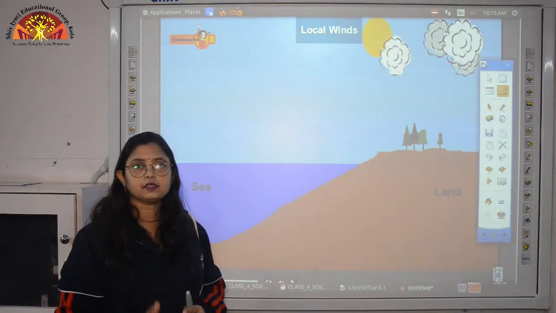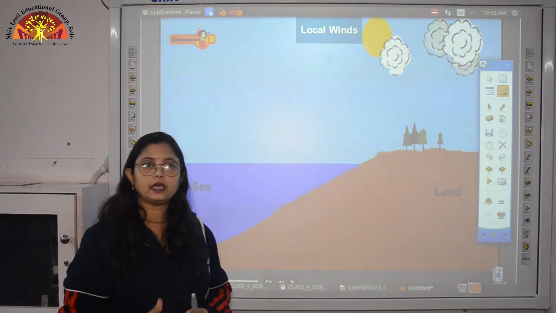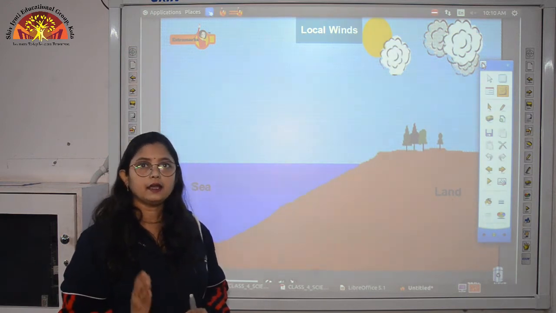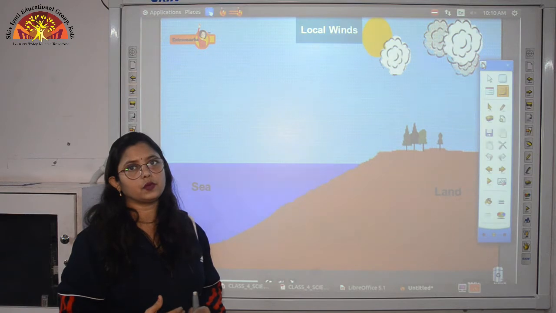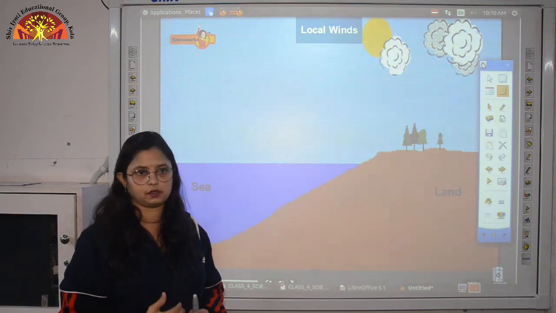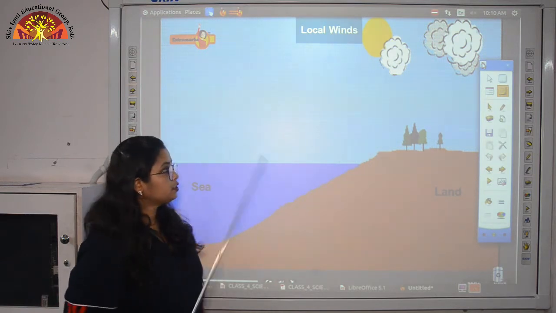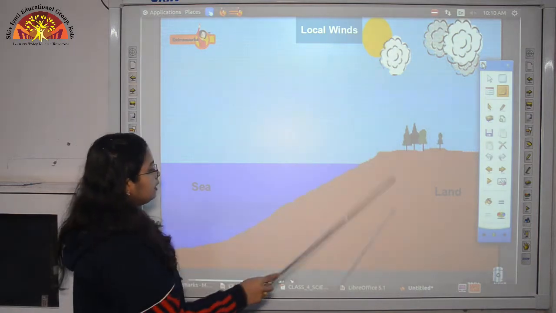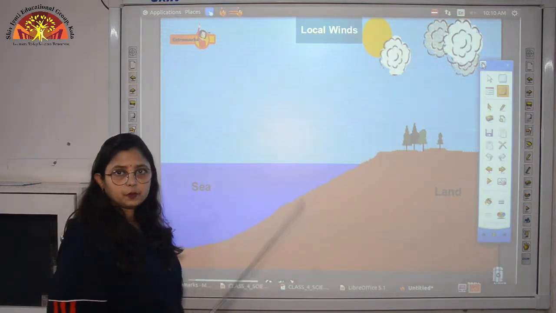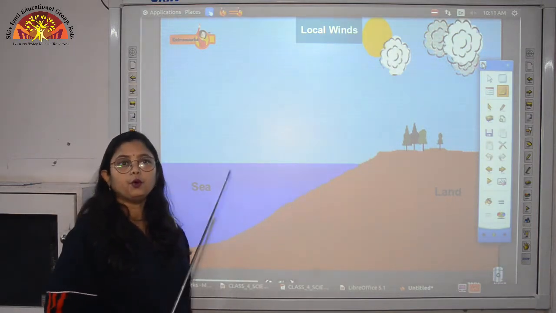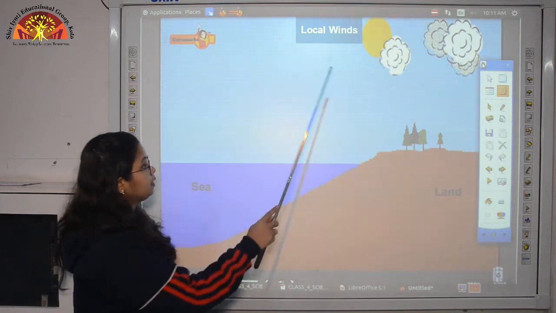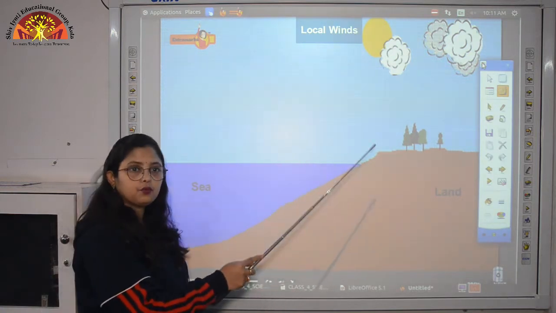There is a difference in cooling and heating between land and sea. Land gets heated up faster as well as it cools down faster. So during the daytime, land and water both get heated up, but the land gets heated up faster.